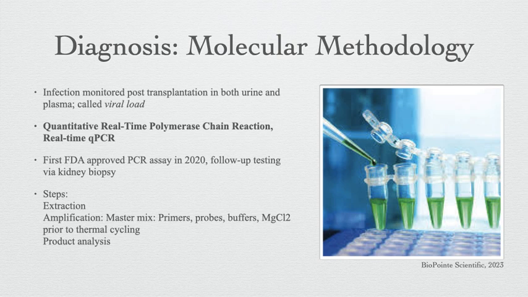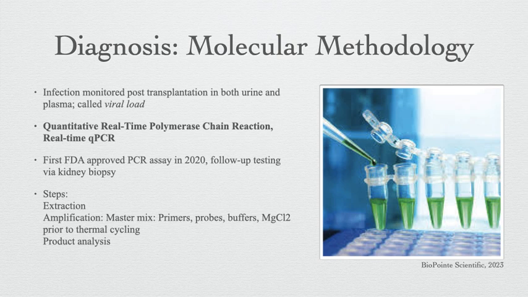The molecular method of choice for BKV analysis is the quantitative real-time polymerase chain reaction, real-time qPCR for short. The first FDA-approved PCR assay for this pathogen occurred back in 2020.